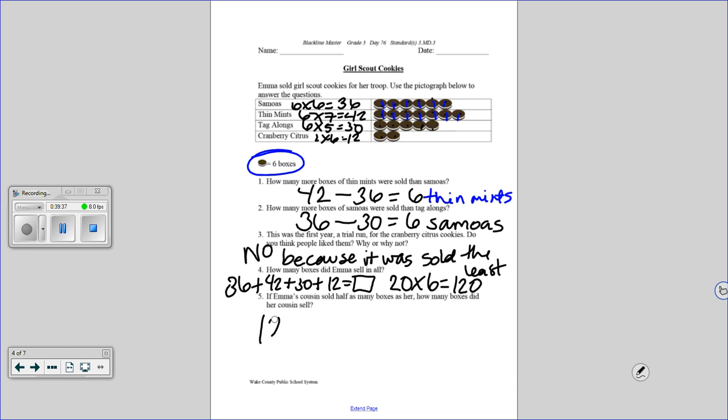We know Emma sold 120 boxes. How do I get to half? Aiden? Make that 12 tens. What would be the half of 12? What math do I use to get to a half?